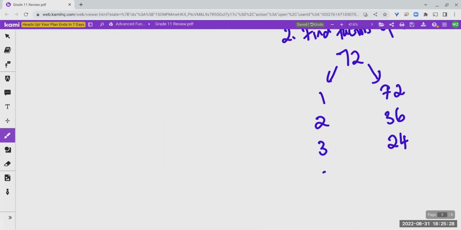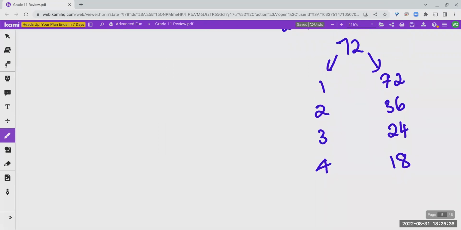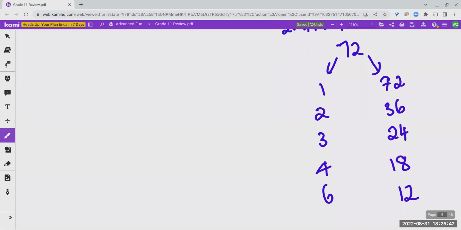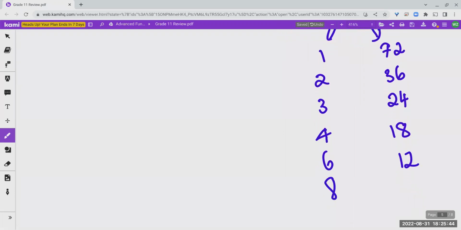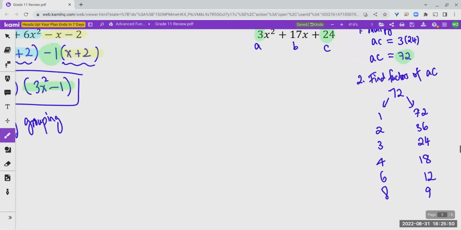Can this divide by 4? Yeah, that would be 18. This can't divide by 5. Can it divide by 6? Yeah, so that's 12. Can you divide by 7? Probably not. 8 and 9. Yeah, that's it. These are all the factors of 72.